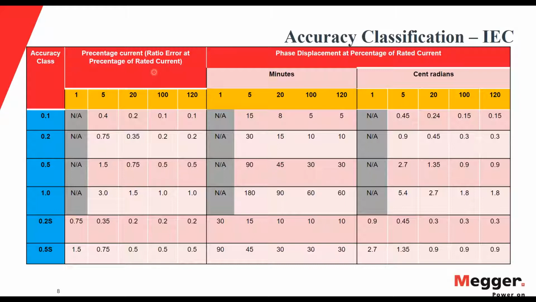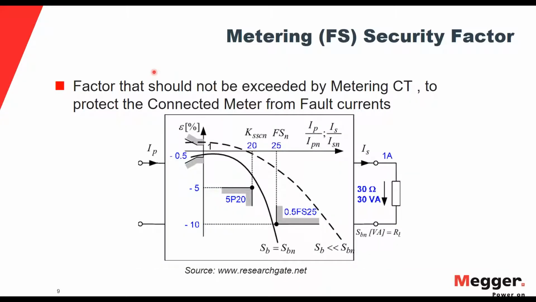Another thing that the standard introduced for metering CT is something called the security factor, or FS, from the French translation, facteur de sécurité. This factor is used to protect the meters during faults.